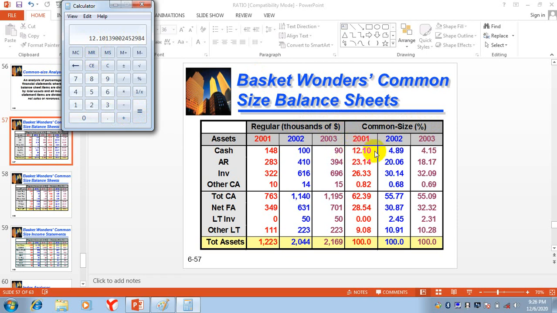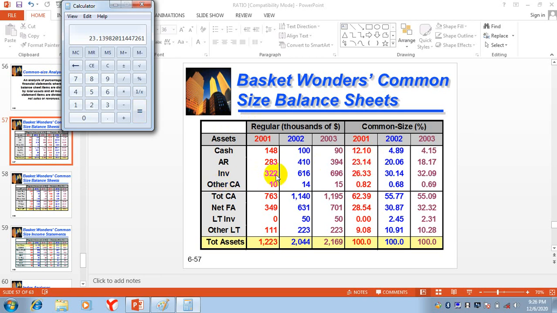So this is 12.10. Now the second item, account receivable, 283 divided by 1223 multiplied by 100. So see, we got 23.14%.